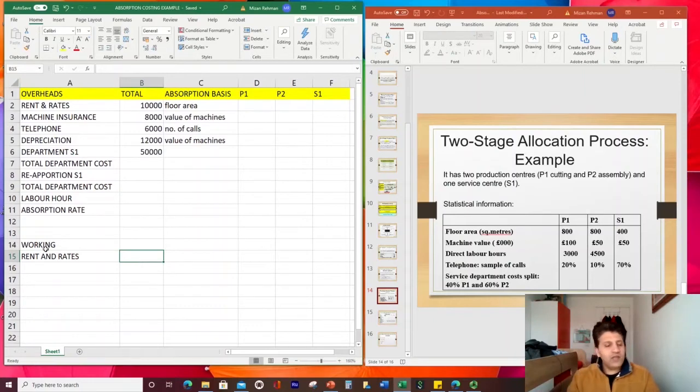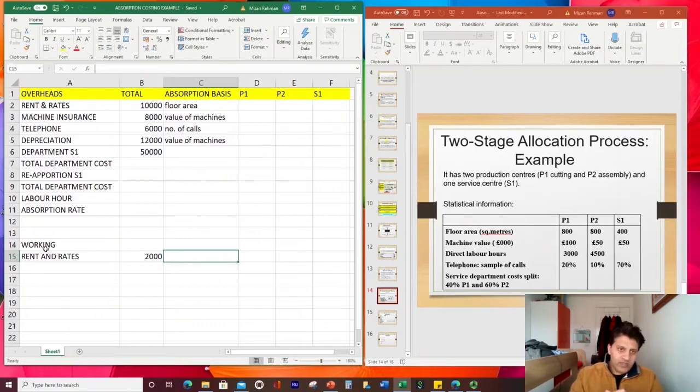Rent and rates should be apportioned on the basis of floor areas occupied. If you look at the floor area, we can see 800 for P1, 800 for P2, and S1 is 400. Altogether, 2,000 is the total floor area of the whole factory.